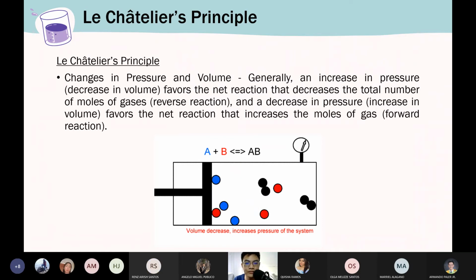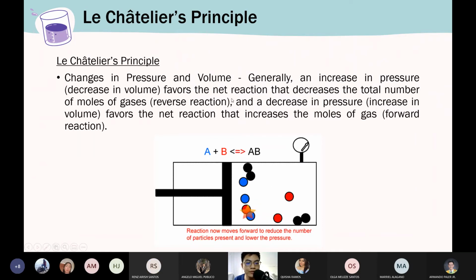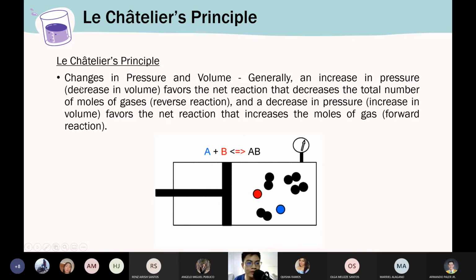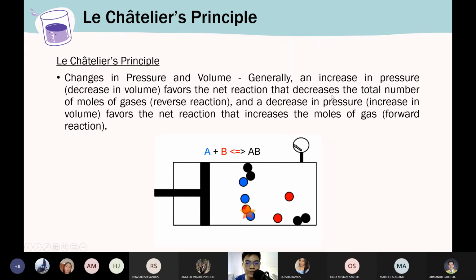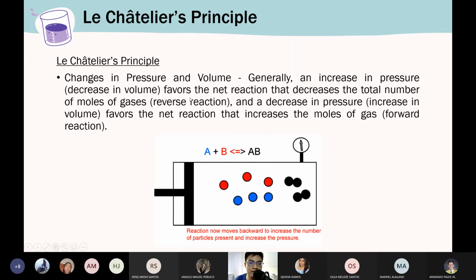Next one is the pressure and the volume. For the pressure and the volume, what happens here? Generally, in a system, increased pressure favors the net reaction with lesser moles of gases. Let me write something.